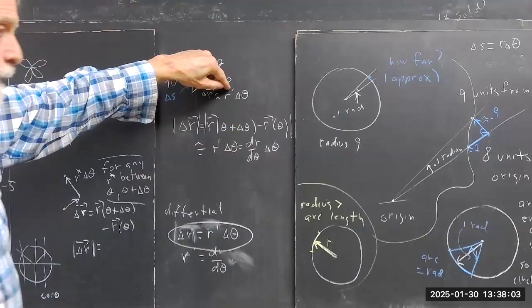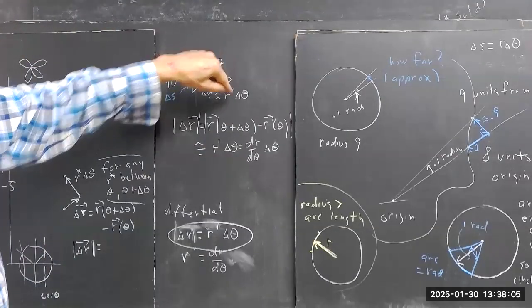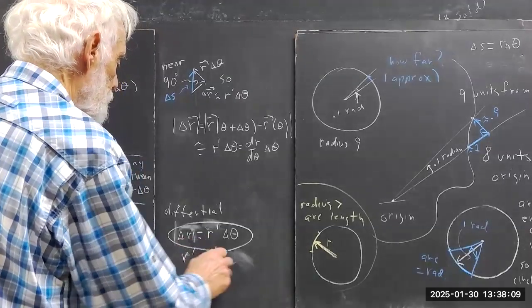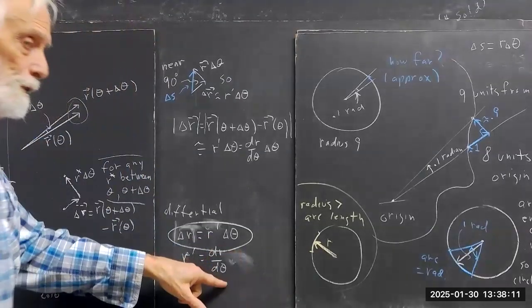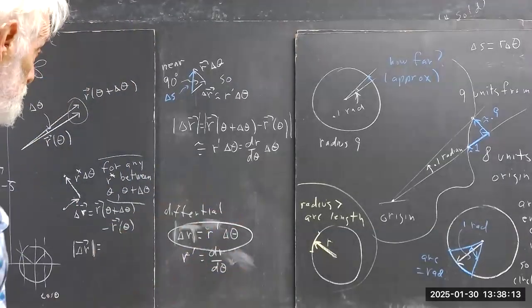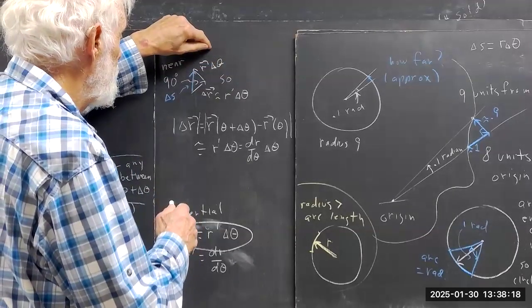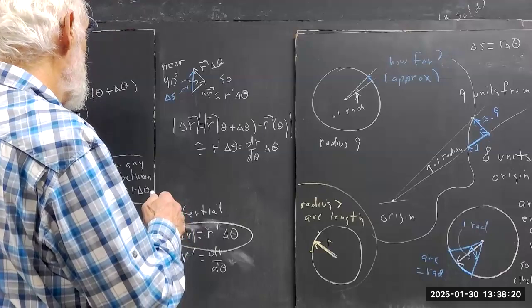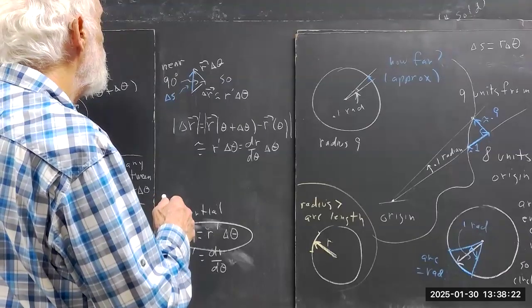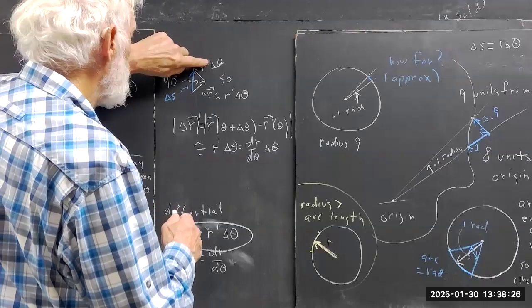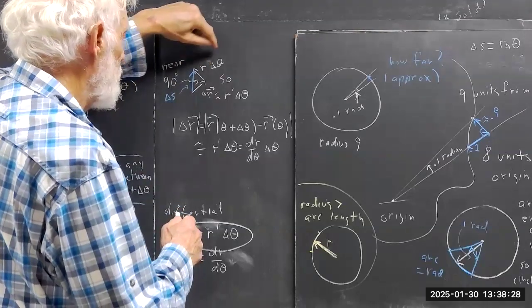When you see prime, you often think derivative with respect to x or t, but I've defined it down here, r prime is dr d theta because theta is the only independent variable we've got. Okay. So we got this. We got this. Shouldn't have a vector over this. It should be just r delta theta.